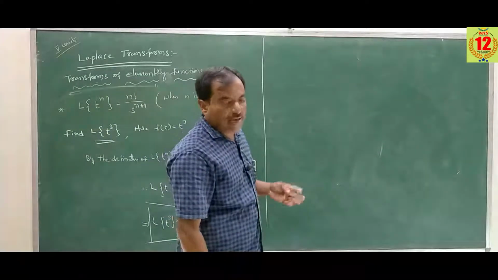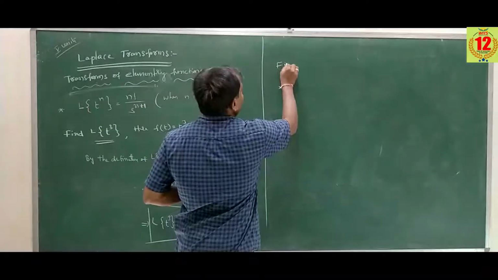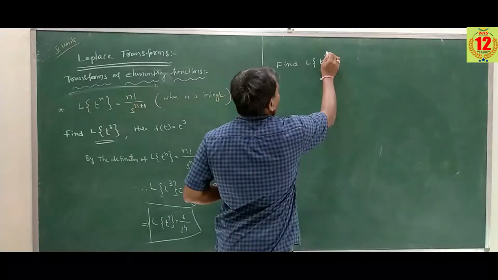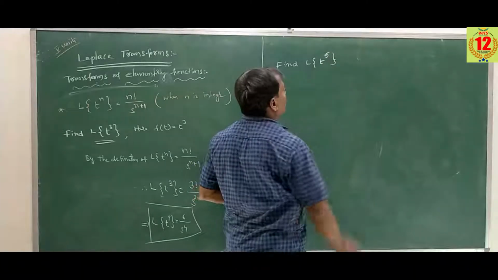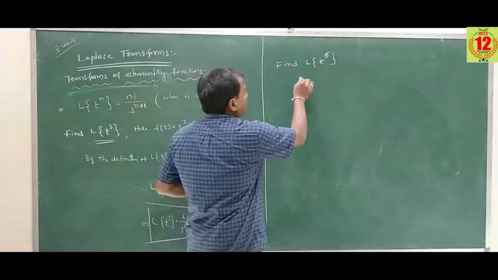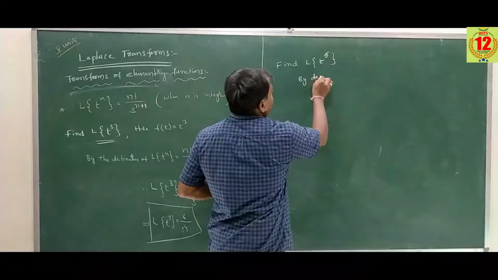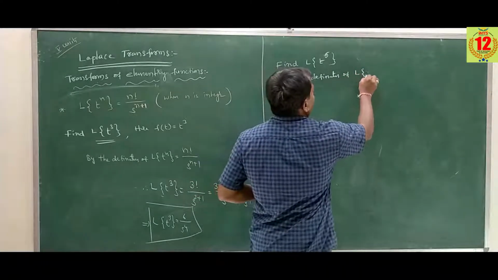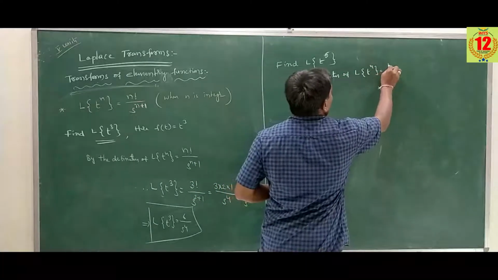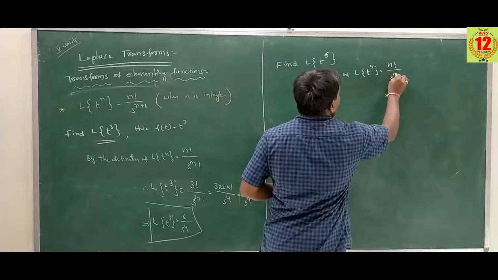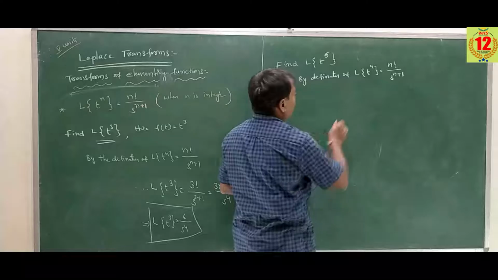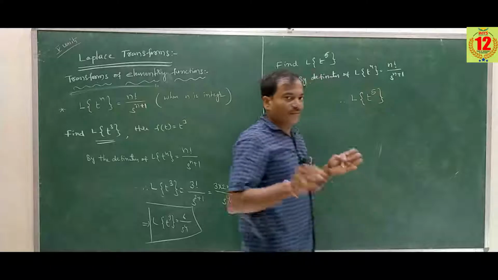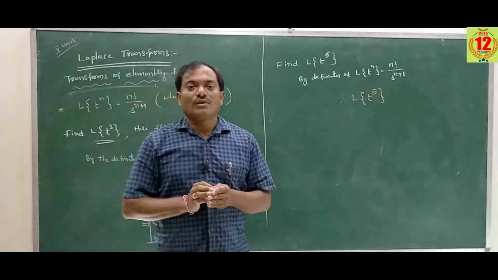We shall discuss one more example. Find the Laplace transform of t power 5. By the definition of the Laplace transform, t to the power of n equal to n factorial by s power n plus 1. Therefore, Laplace transform of t to the power of 5. Here, first identify the n value. What is n?